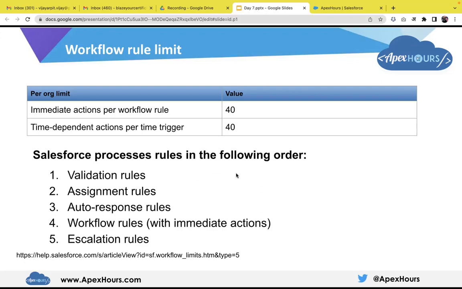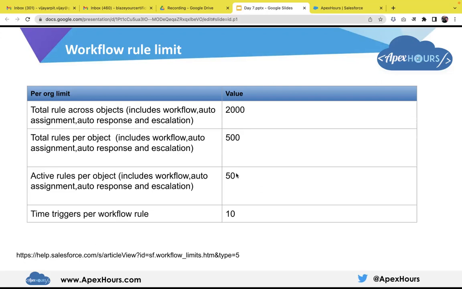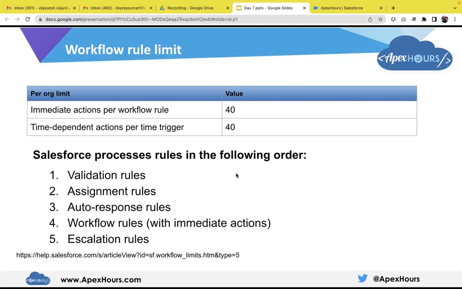Immediate actions per workflow rule will be 40. And time dependent actions per time trigger will be 40. So if you have an action like after one day we need to do some action, then after one day you can perform a total of 40 actions there.